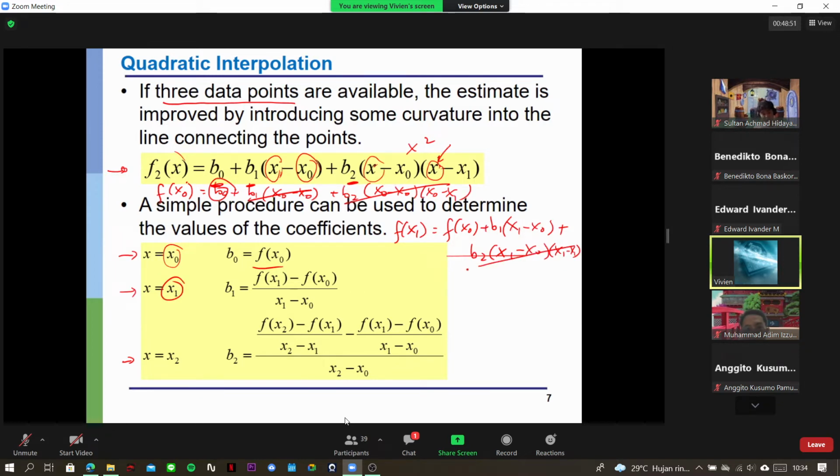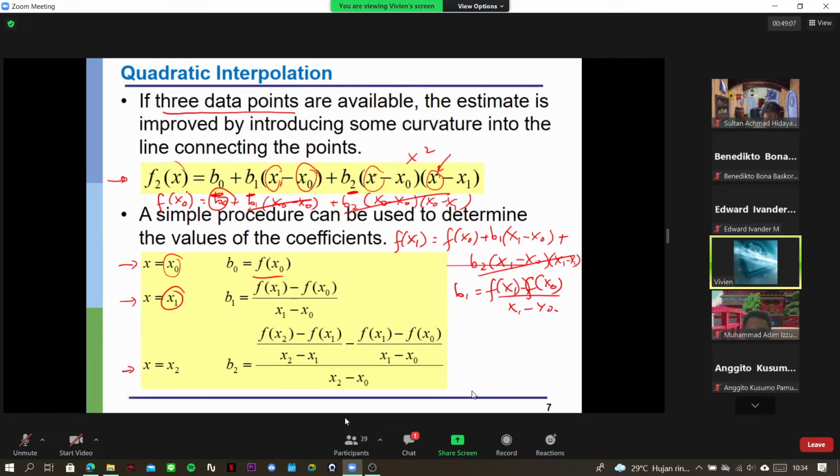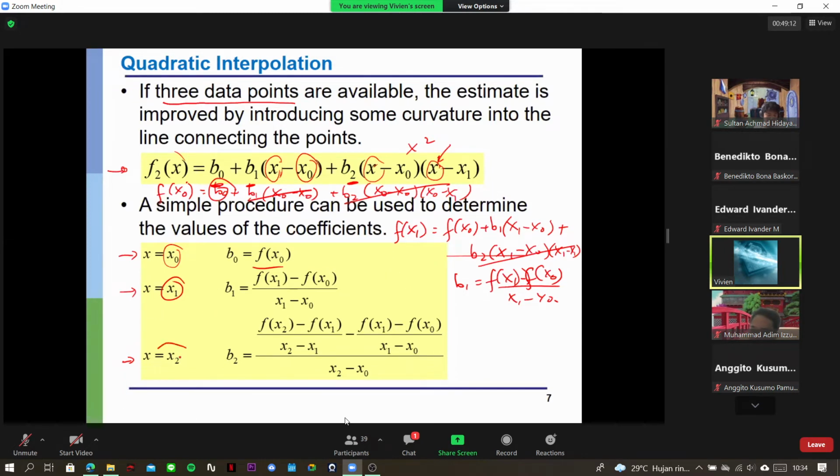Here we get p1 equals (f(x1) minus f(x0)) over (x1 minus x0). And then what about p2? Again, we insert the x2 value, so we can find p2 by substituting the values of p1 and p0 here.